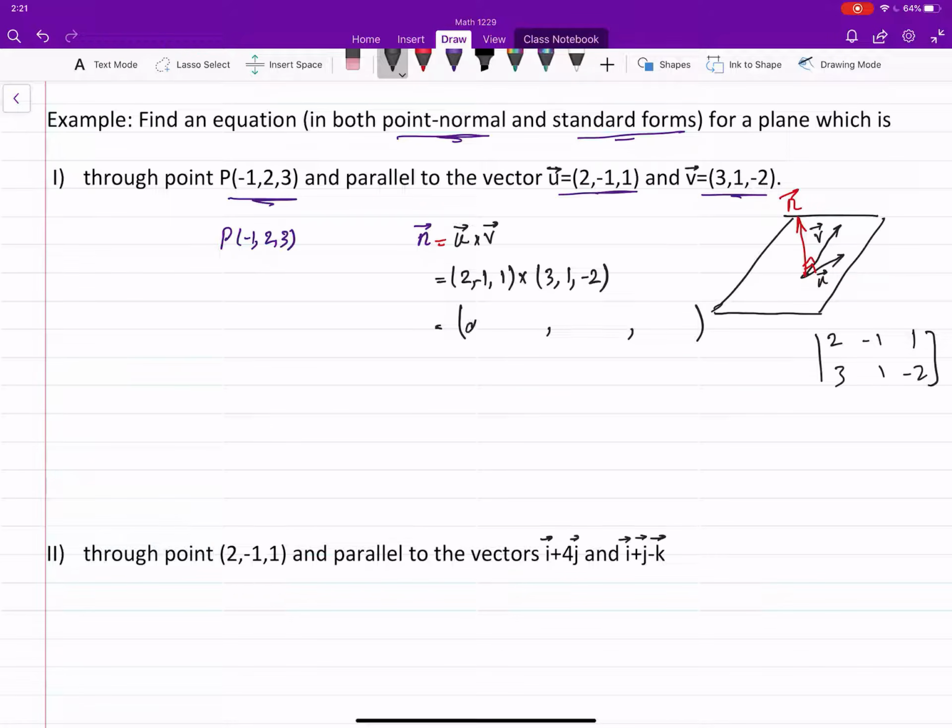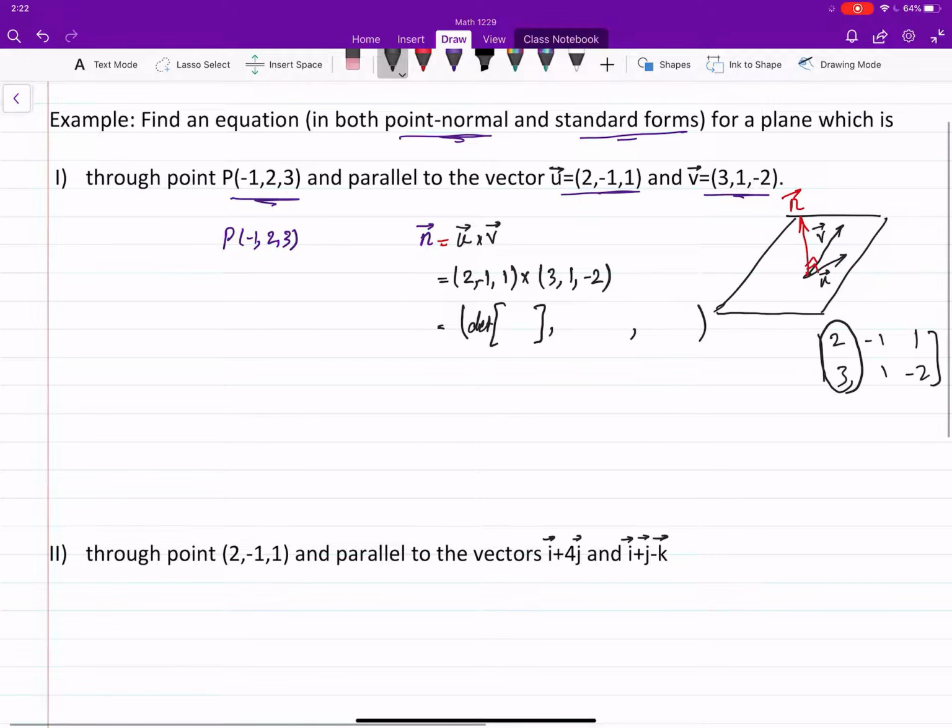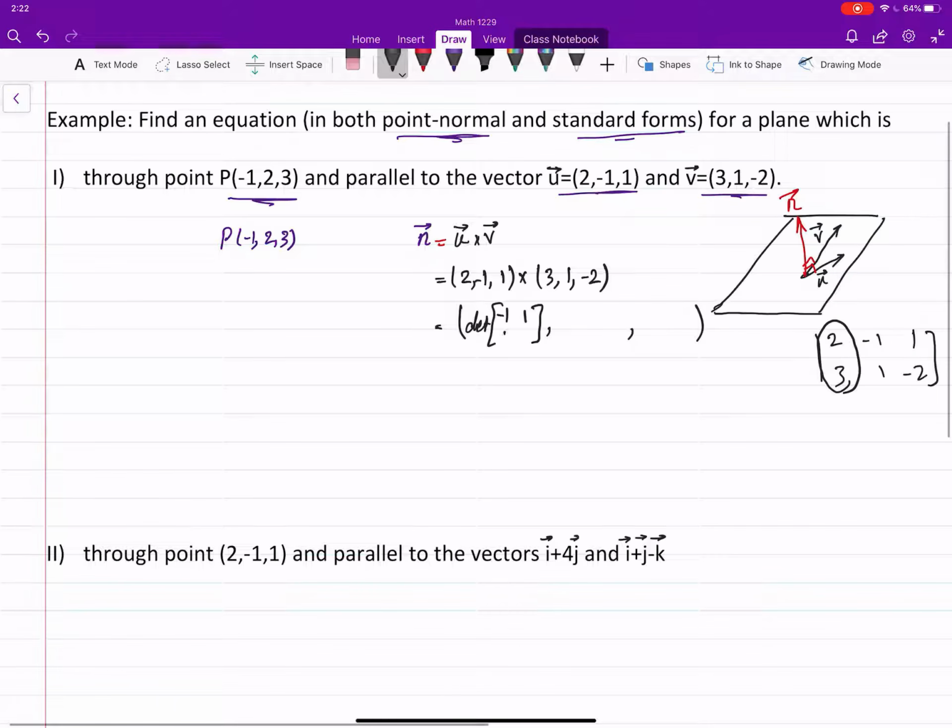okay, the first component is the determinant of, ignore the first column, the remaining is -1, 1, 1, -2. The second one, we have to ignore the second column, and here the remaining is 2, 1, 3, -2.